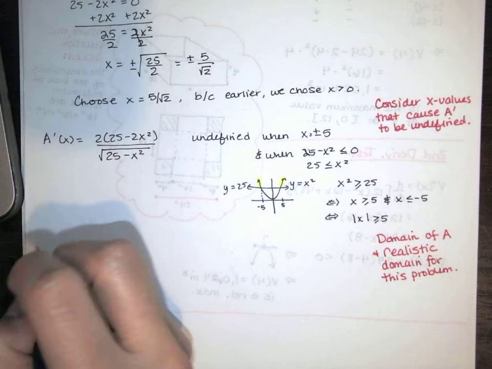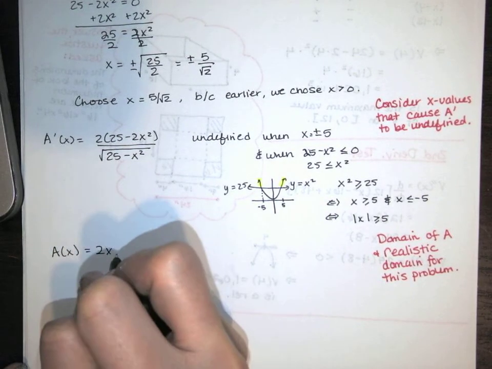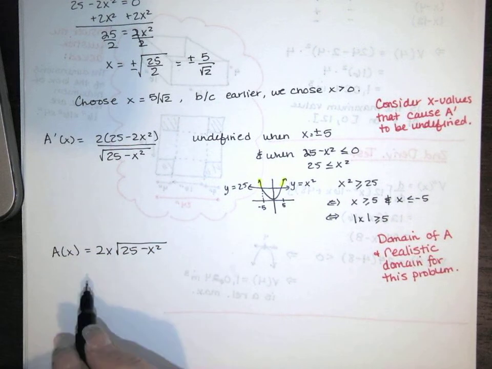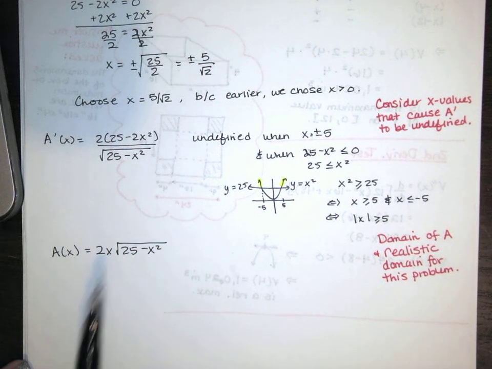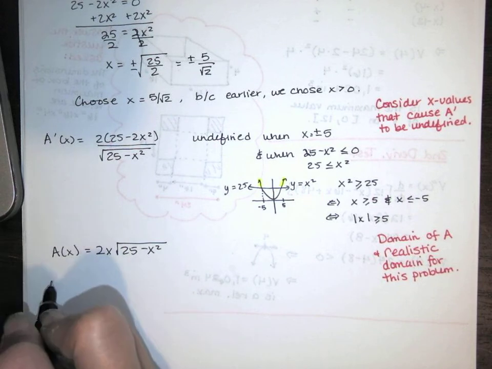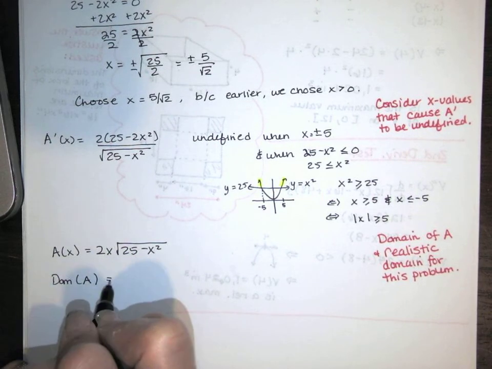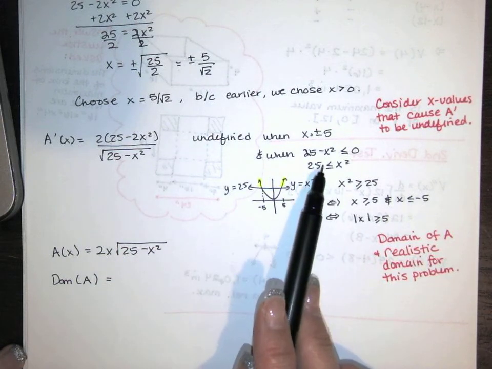Now, A as a function of x was 2 times x times the square root of 25 minus x squared. The domain of this is the set of all x values such that this expression under the radical is not negative.